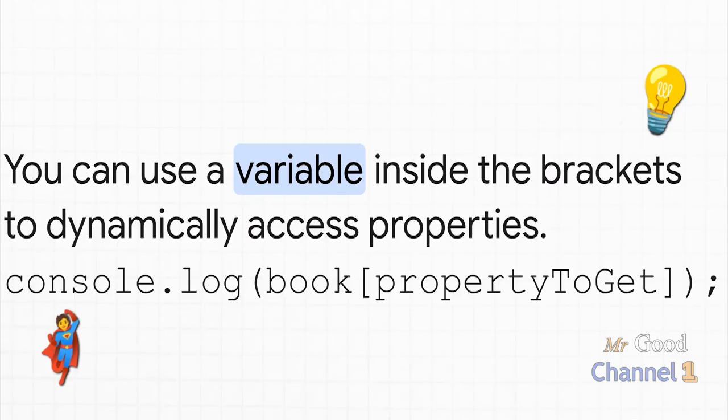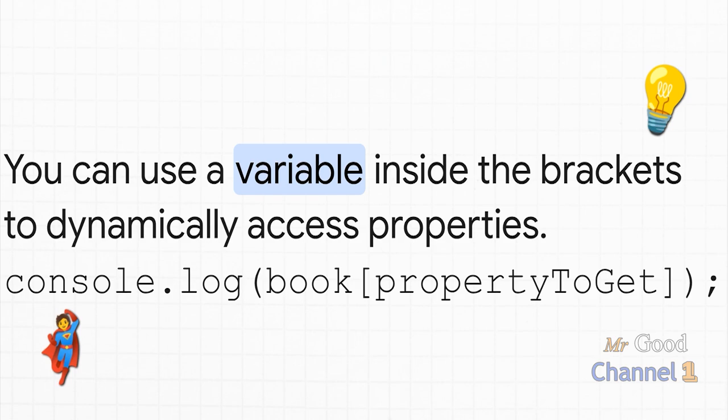And this right here, this is its superpower. You can stick a variable inside the brackets. Just imagine for a second that the propertyToGet variable came from a user clicking a button on your website. You have no idea if they're going to want to see the price, the author, or the title. Bracket notation is what lets you write code that can handle all of those possibilities dynamically.